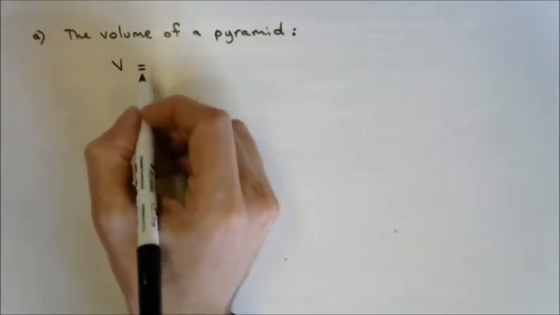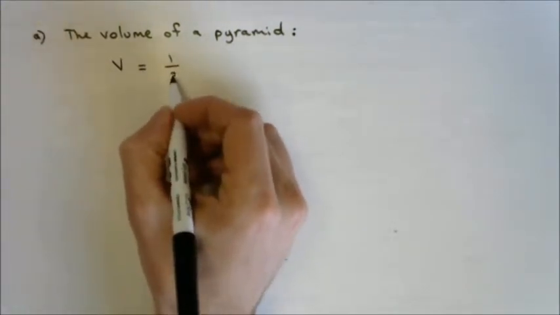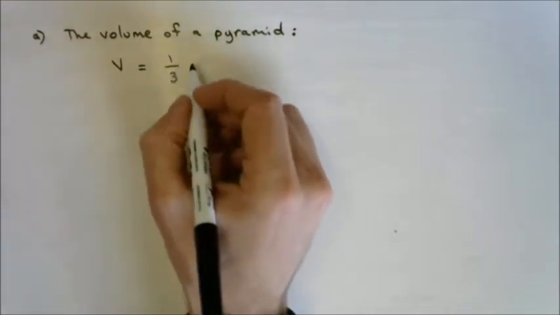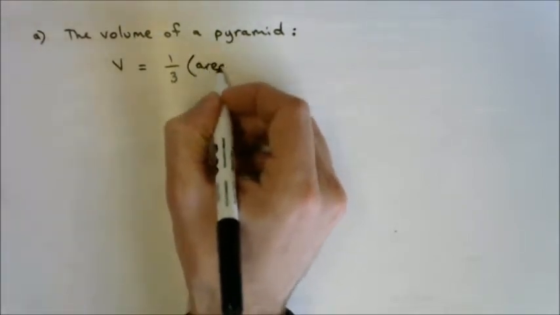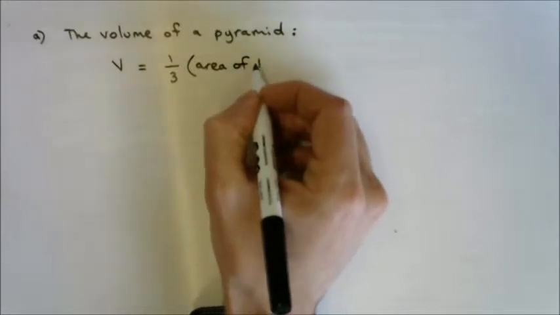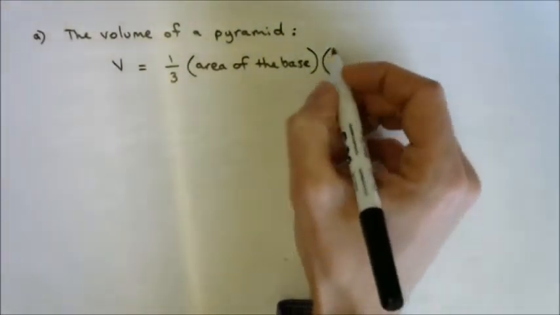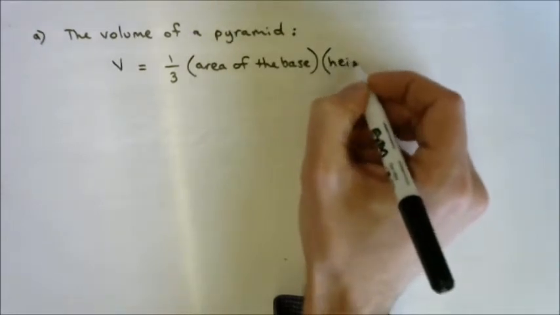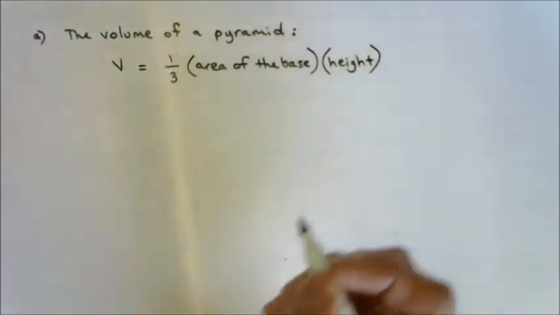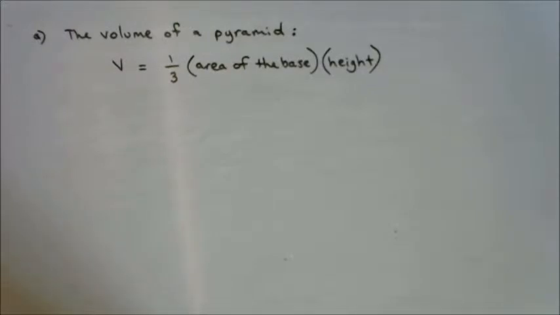Volume equals 1/3 the area of the base times the height. It's a bit of a tricky one to memorize. Could you just write B and H? But we have a pyramid-shaped container, so we're taking 1/3 the area of the base and multiplying it by the height.